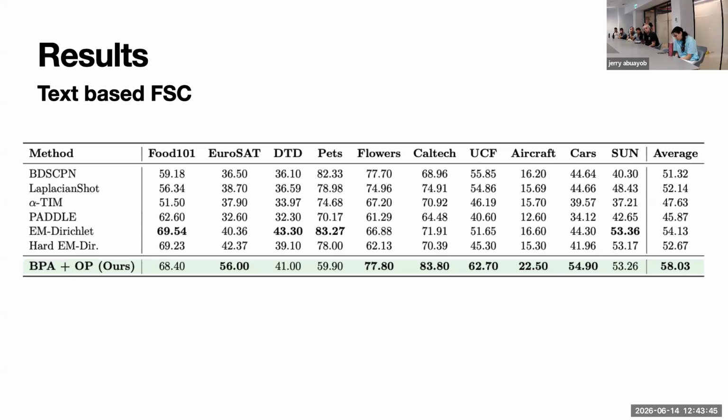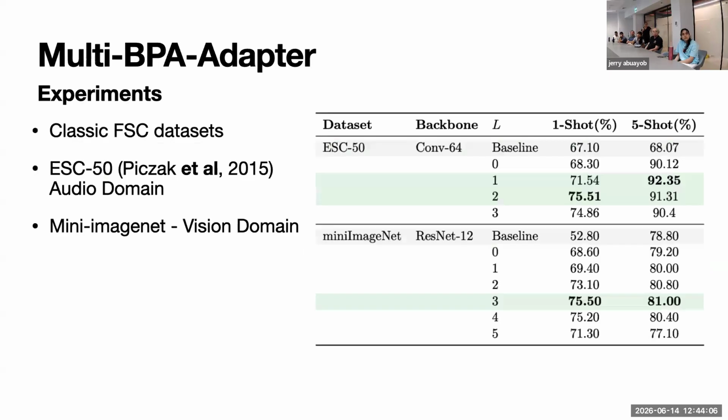This is the recent state of the art, and we passed that. Also, side note, I haven't put that here, but we are also much faster, because the BPA can be parallelized on the GPU as well as the OP, whereas they have some other stuff going on. You can parallelize roughly. I mean, it's SVD, you can use PyTorch to do that.